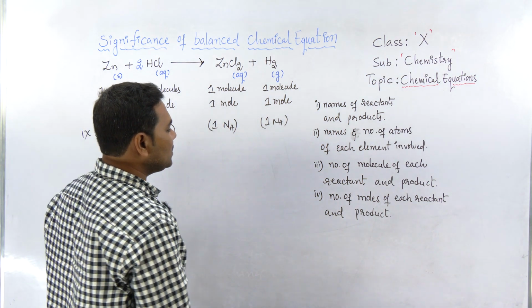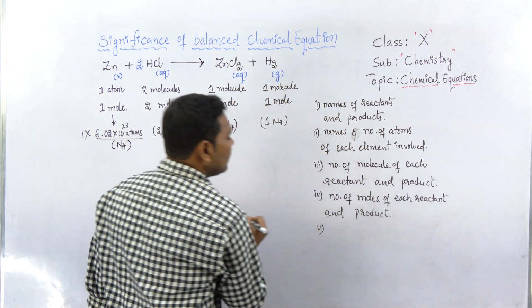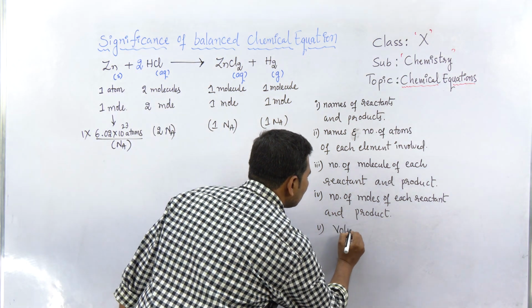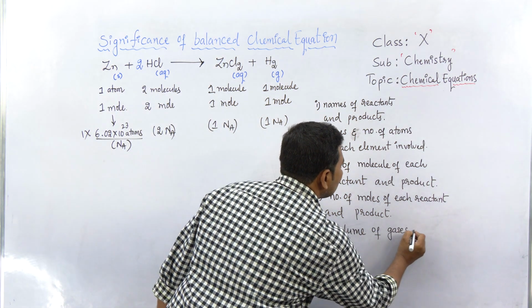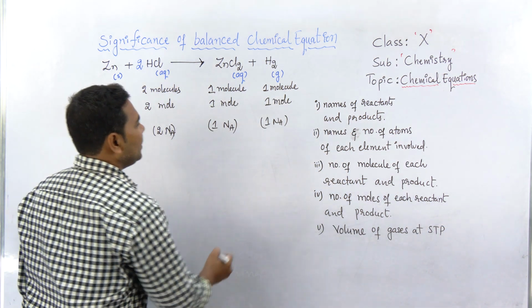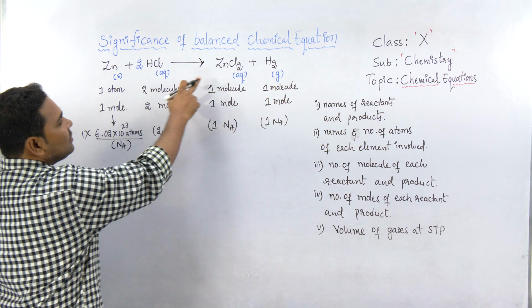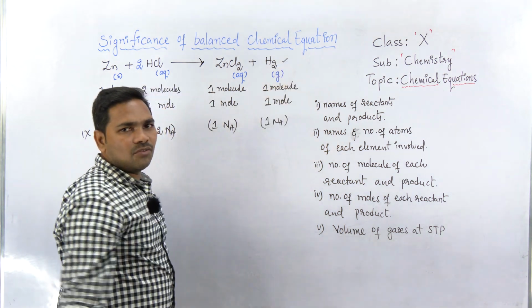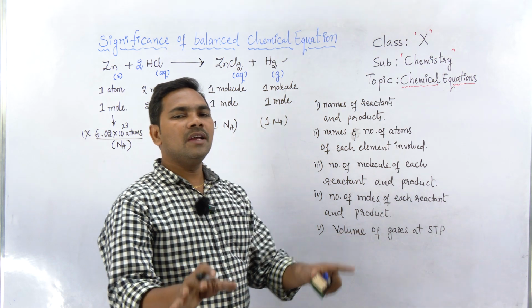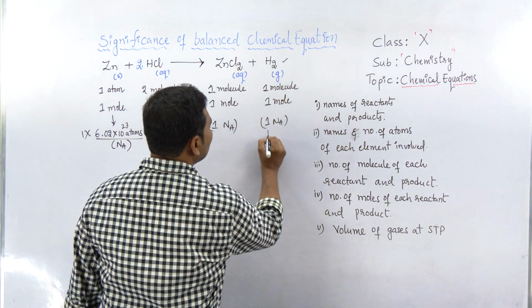We understand, right? So number of moles, then we also understand volumes of gases, volume of gases at STP. Here, hydrogen is a gas involved, and volume is expressed only for gases, that too at STP conditions.